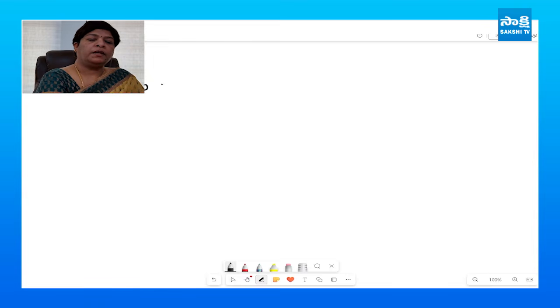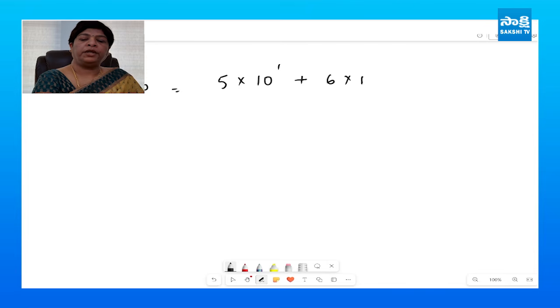56 is nothing but 5 into 10 to the power of 1 plus 6 into 10 to the power of 0, which is nothing but 50 plus 6, 56.